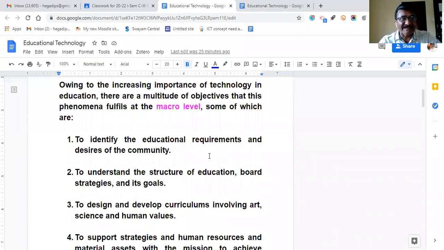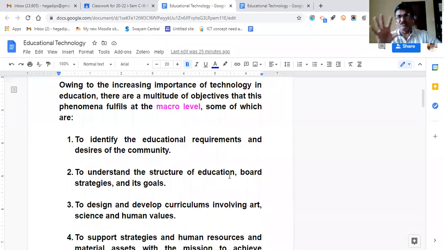To understand the structure of the education, in NEP, they have given a different type of structure. The earlier structure was a different one, and this NEP 2020 structure is a different one. You must go through the National Education Policy, so that you will come to know how the structure of this NEP is, as suggested by the commission and the government department, and also how the earlier policies were.